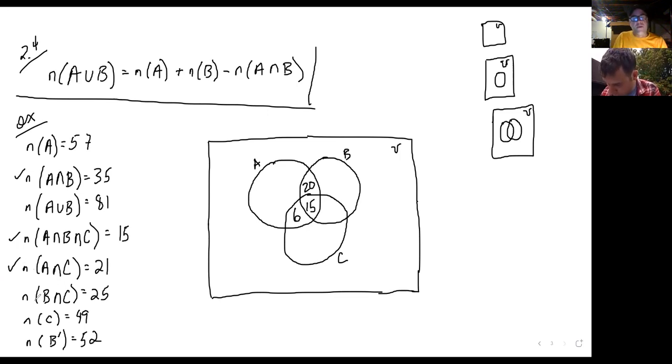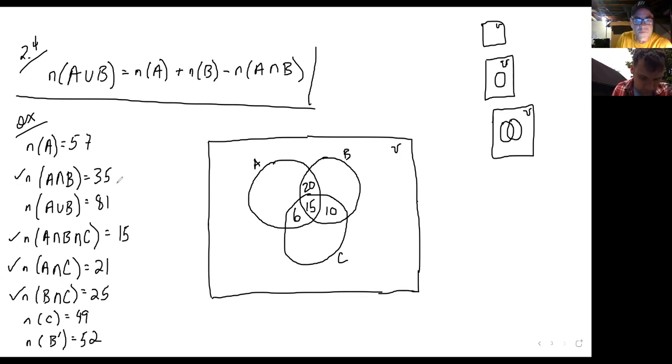And then I see B intersect C. It says it's 25. That's here. So I would need 10 more for that total of 25. Questions thus far? Okay, if not, we're going to move on.